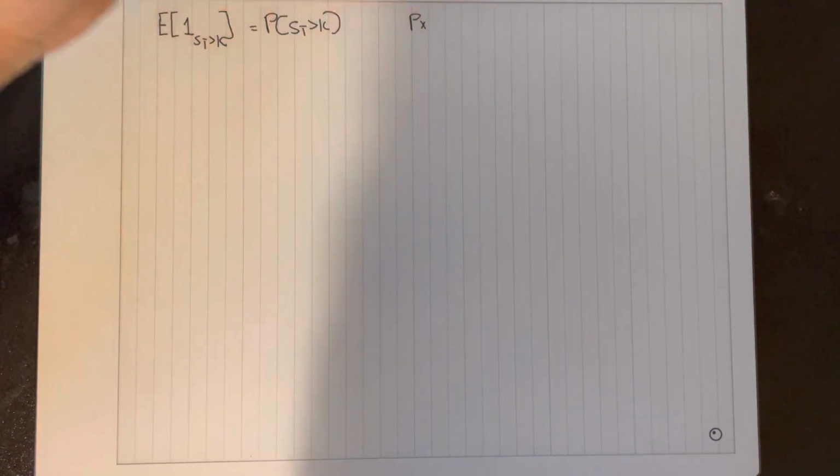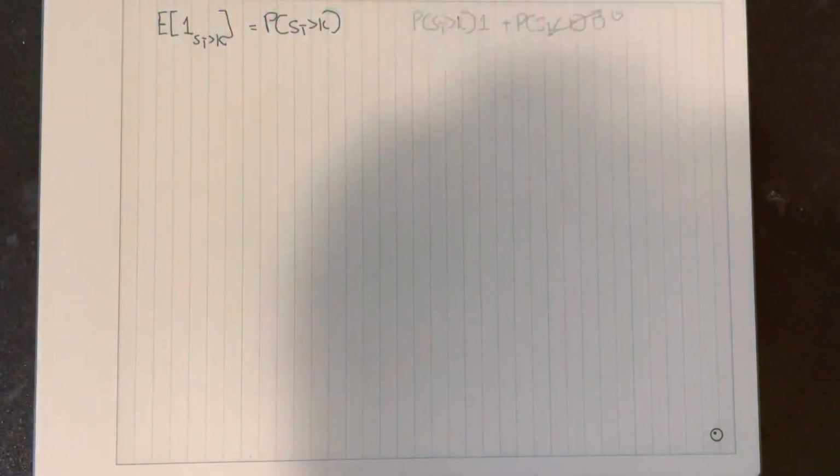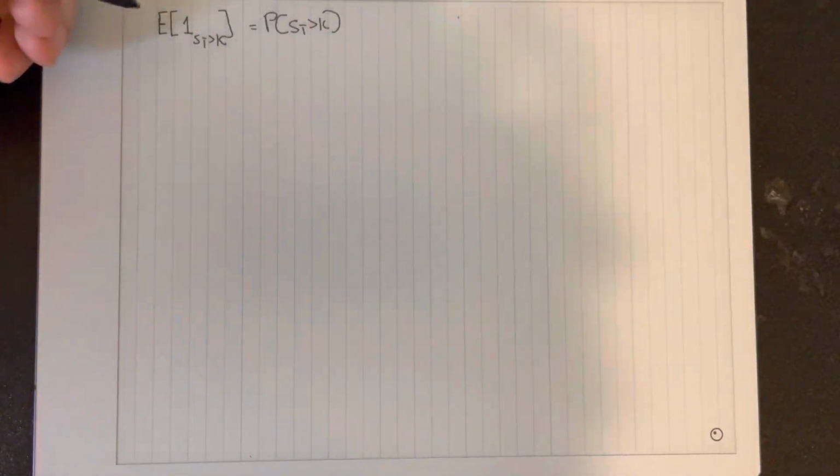Well, the probability of S_T greater than K gives us 1, and the probability that S_T is less than K gives us 0, and anything multiplied by 0 gives us 0, and therefore we're left with the probability of S_T greater than K multiplied by 1, and hence we arrive at this. This is just a quick info in case people are wondering how we got from expectation to probability.